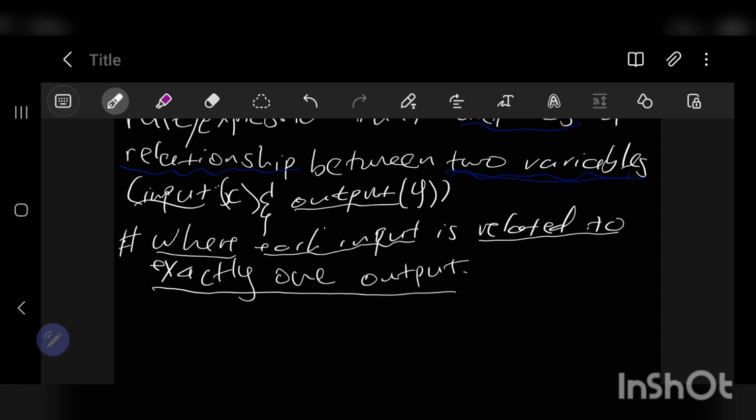We don't have a situation whereby you have one input and then many outputs. We want the case whereby each input is related to only one output. Once you have a situation whereby one input gives many outputs, you must know that we are not speaking of a function. That is not a function.